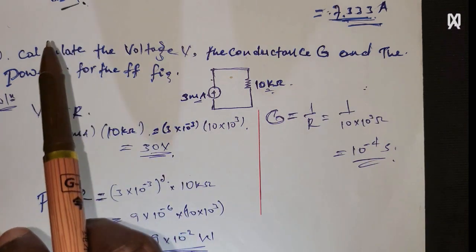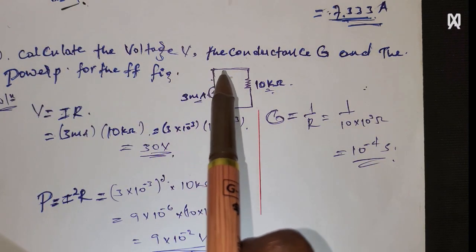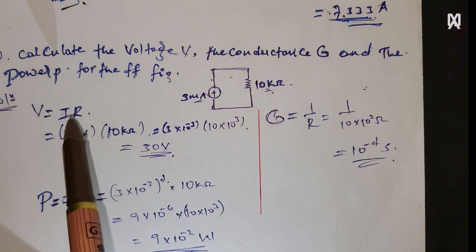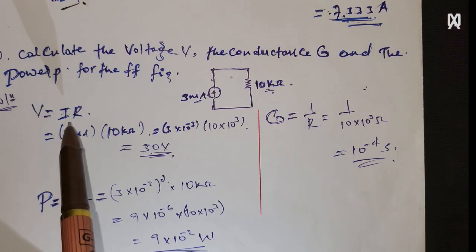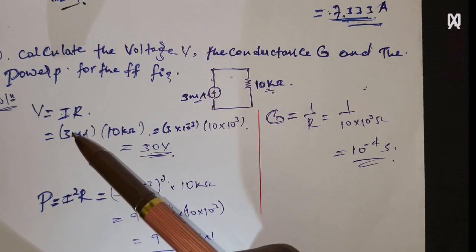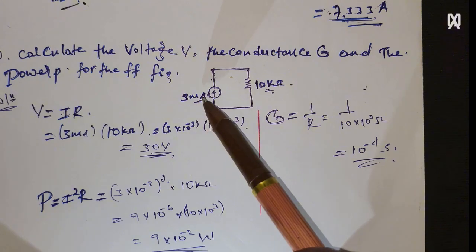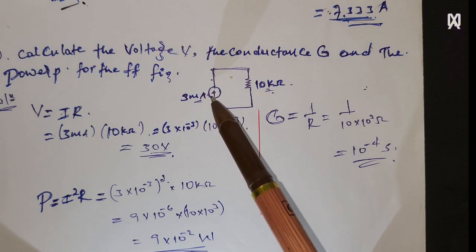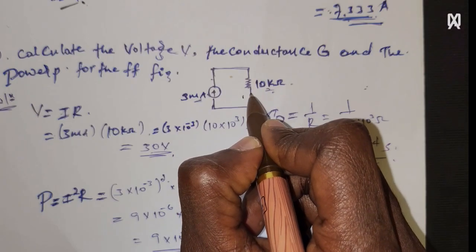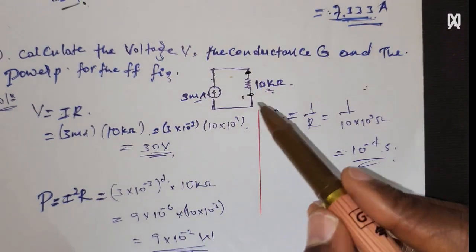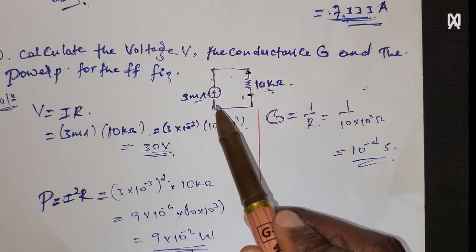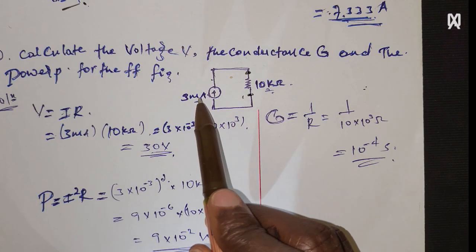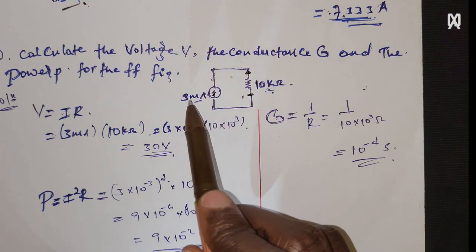We are asked to calculate the voltage, the conductance G, and the power for the figure. V is given by IR. The source provides a constant 3 milliampere. To calculate the voltage across this element, we need to know the current flowing through it, which is the amount provided by this current source, 3 milliampere.